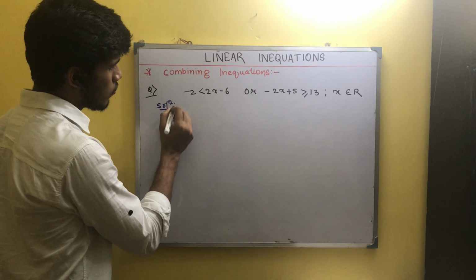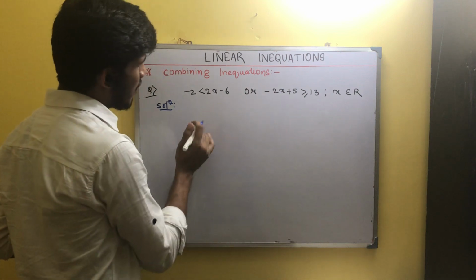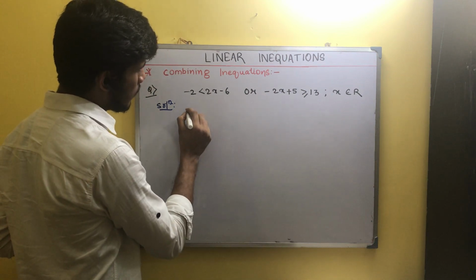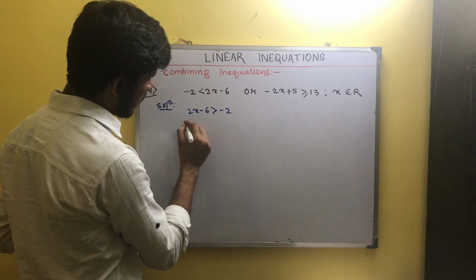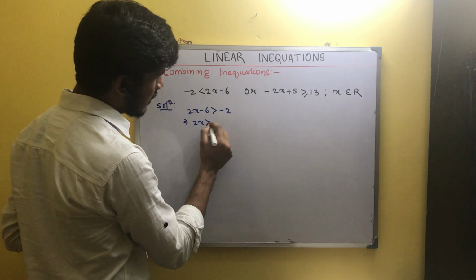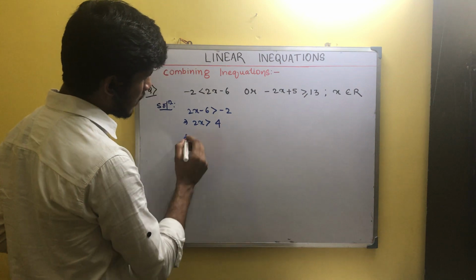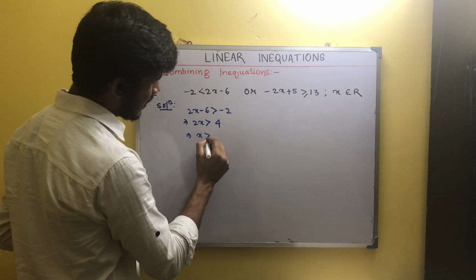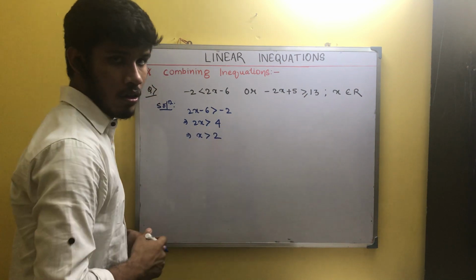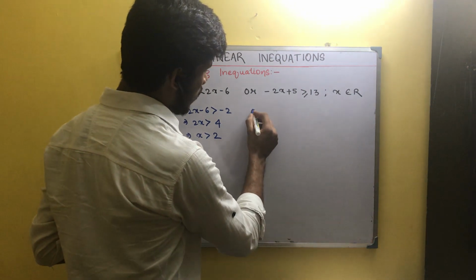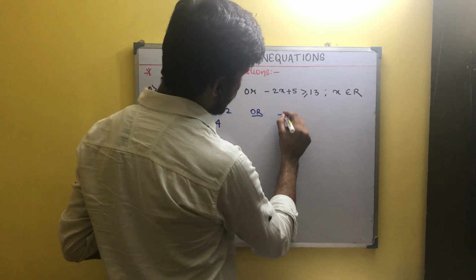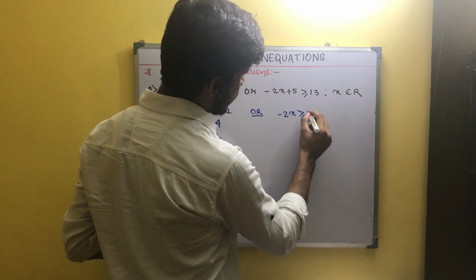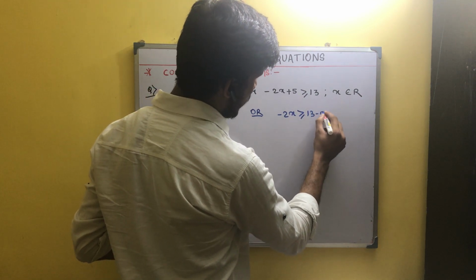Now let's find the solution. For this part, if we reverse it, we get 2x minus 6 is greater than -2. That implies 2x is greater than 4, right? And that implies x is greater than 2. And here we have "or": -2x is greater than or equal to 30 minus 5.